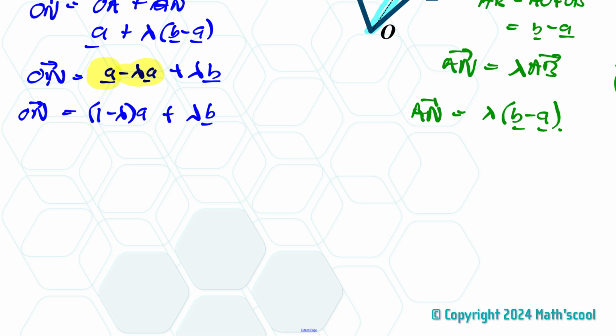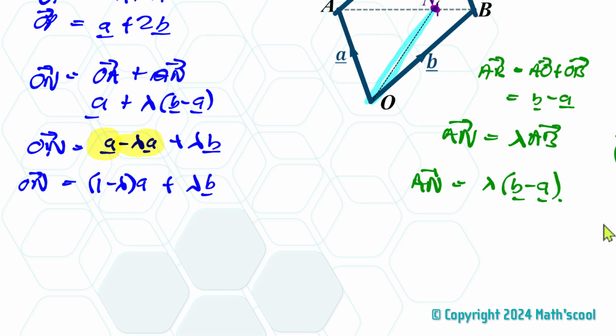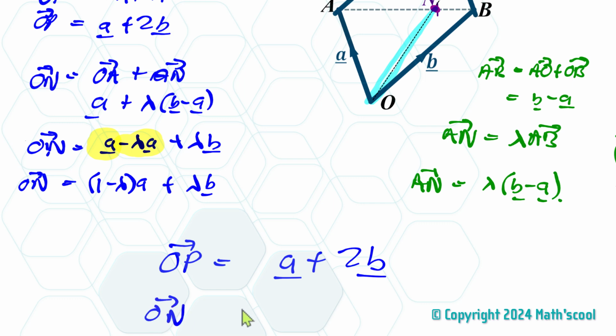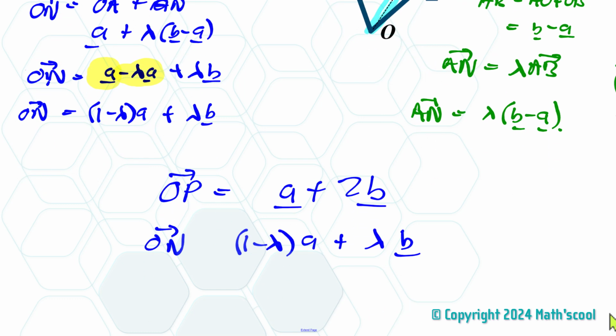I know that O to P, which is A plus 2B, and O to N, which is 1 minus lambda lots of A plus lambda lots of B, have to be parallel to each other.